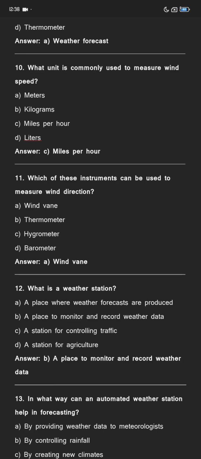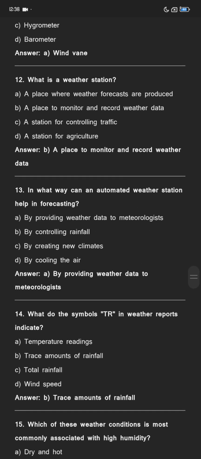What is a weather station? A place where weather forecasts are produced, a place to monitor and record weather data, a station for controlling traffic, a station for agriculture. The answer is a place to monitor and record weather data.